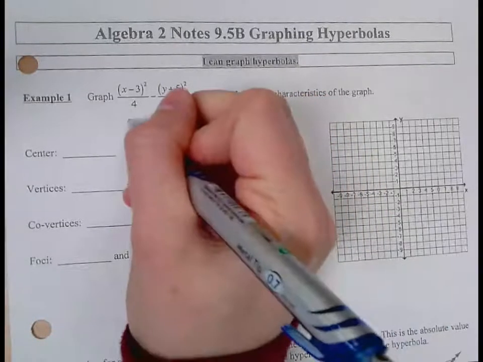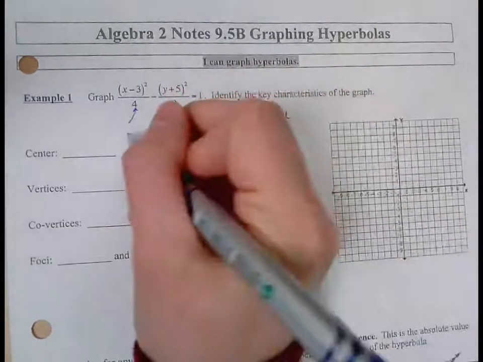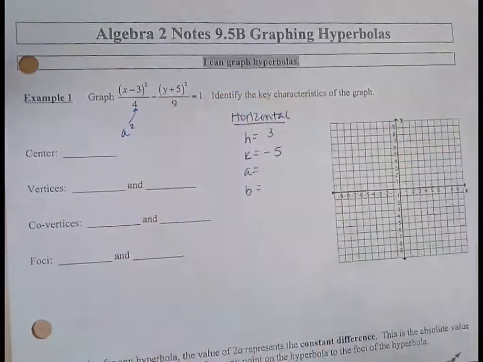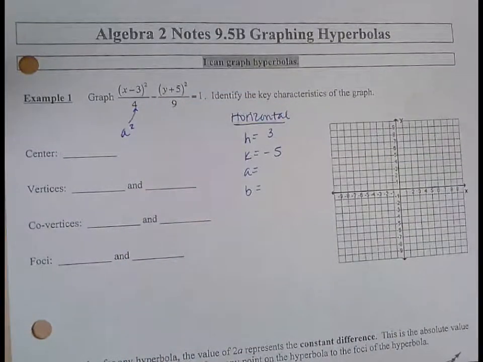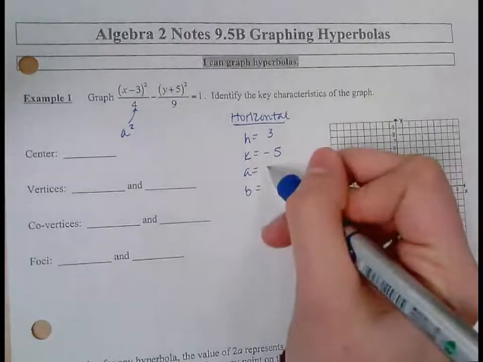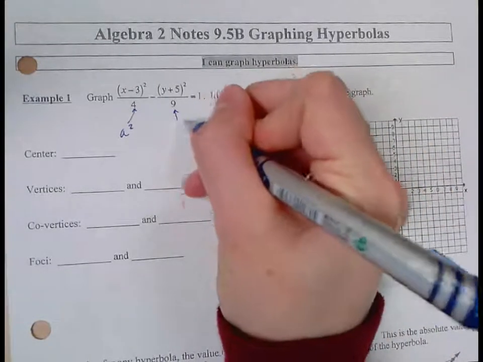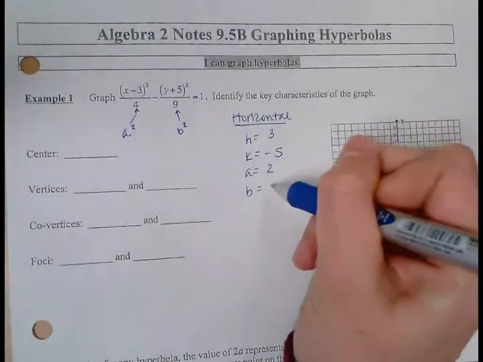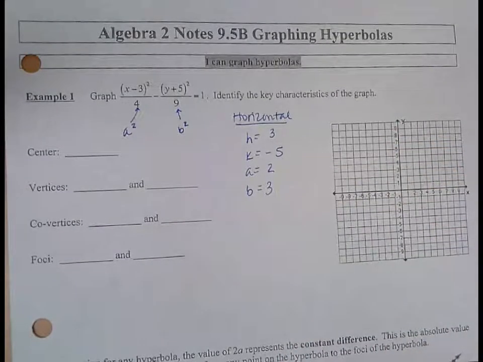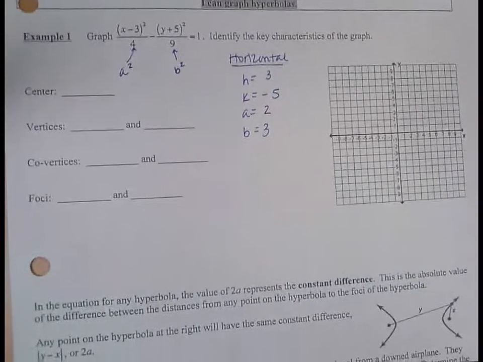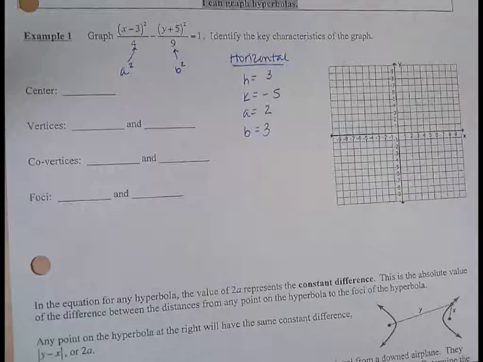A is 2. So the a squared is under the x in the horizontal hyperbola formula. So square root of 4 is 2, meaning b is going to be the square root of 9. So b is 3. And again, for hyperbolas, a does not have to be bigger than b. That was only for ellipses.